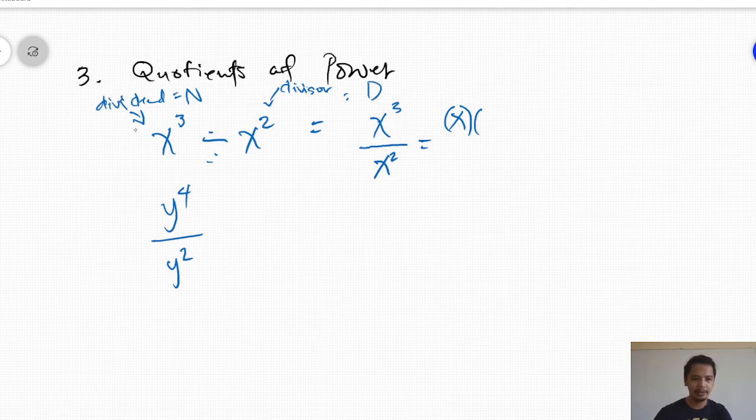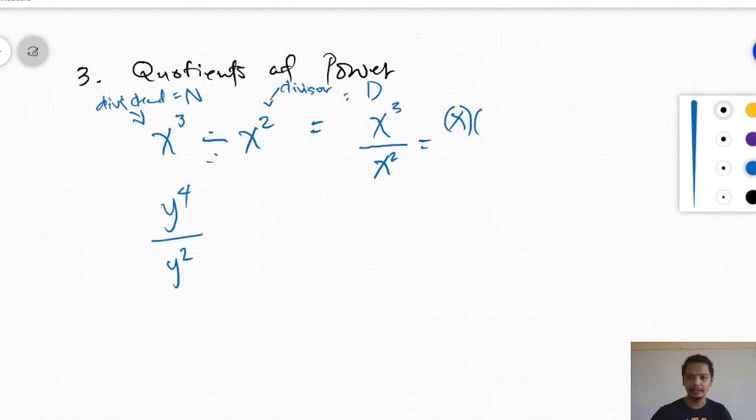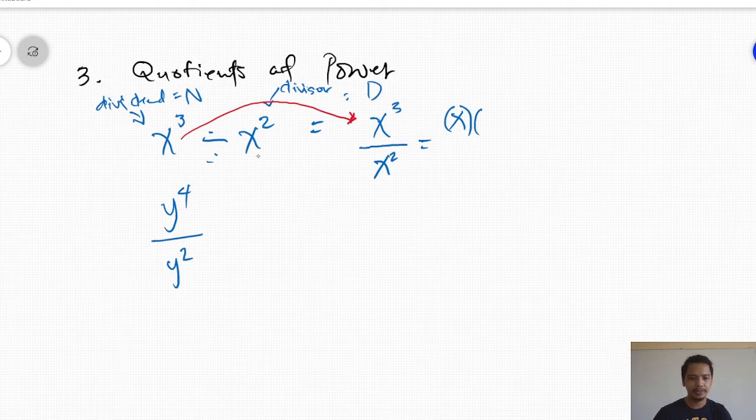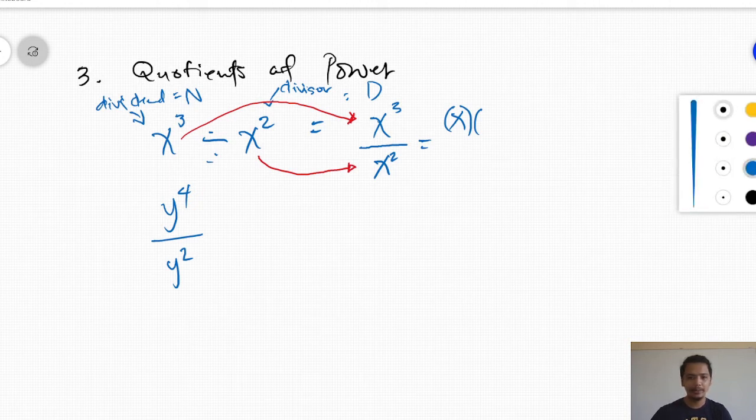Meaning to say, if we have here our dividend, yung i-divide natin, and we have here our divisor, we can rewrite our dividend as our numerator and our divisor as our denominator. Meaning to say, yung x cubed natin, yun yung magiging numerator, tapos yung ating x squared, yan yung nasa baba. Okay?